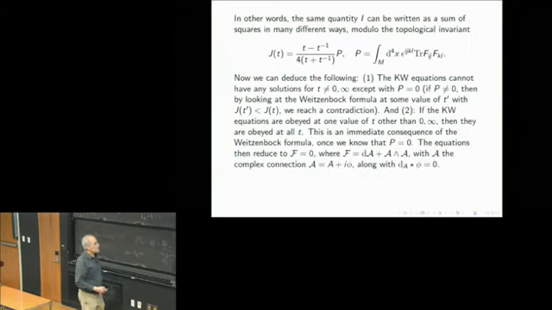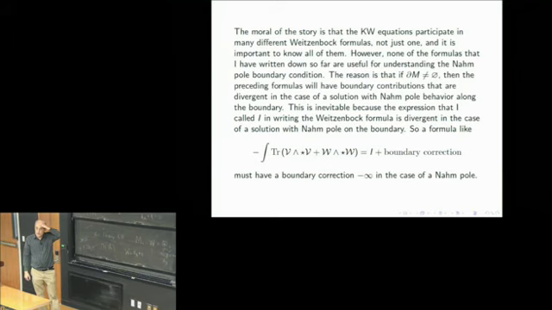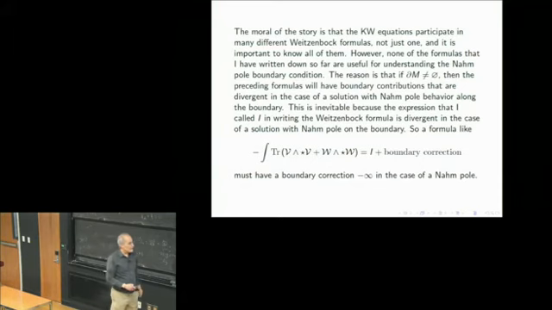So since I is plus infinity when there's a non-pole boundary condition, the formula will say that the sum of squares of the equations is I plus a boundary correction. For a solution, the left-hand side is 0, I is plus infinity, and the boundary correction, therefore, will be minus infinity in the case of a non-pole. So you can calculate the boundary correction, but even without calculating it, it's clear that it will be minus infinity in the case of a non-pole.